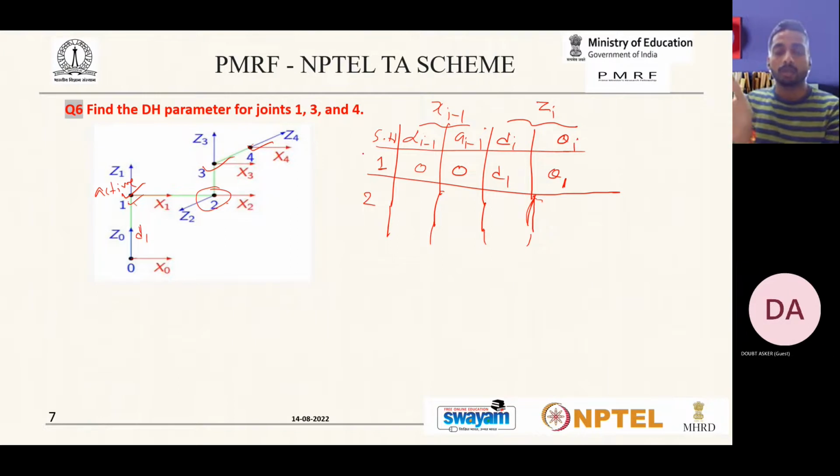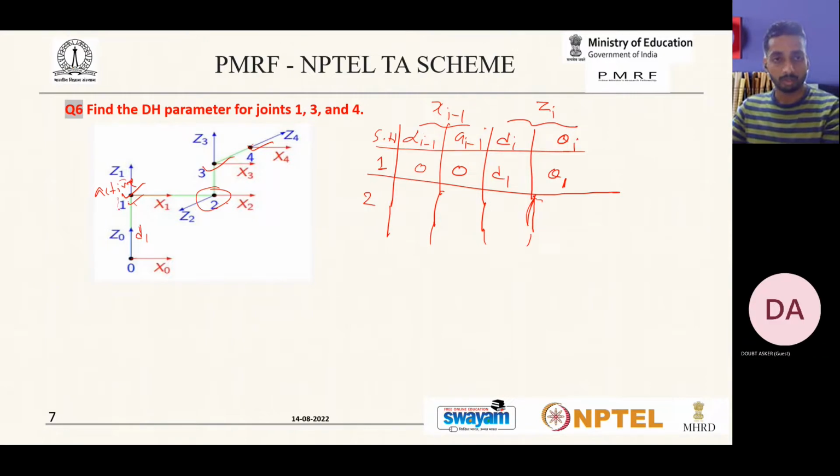So again, point your finger upwards to grab Z1 and try to rotate along X1. Sorry, you should point your thumb towards X1 because we are rotating around X1, and your fingers will represent Z1. If you rotate Z1, it will take 90° towards me to get Z1 coinciding with Z2.